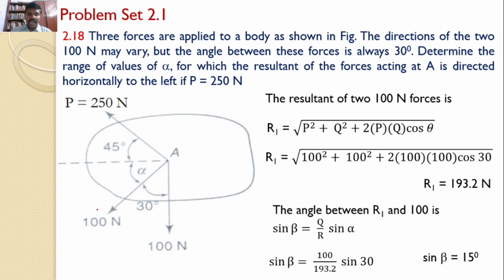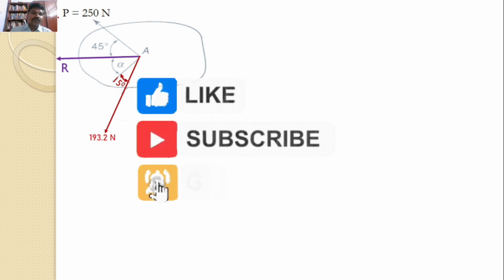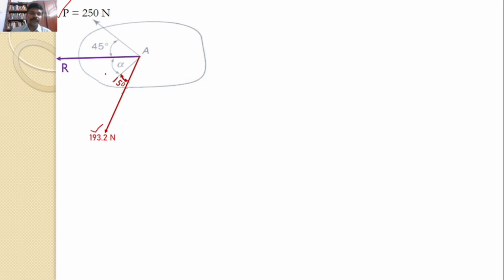That means I can replace these 100 newtons forces with a single force of magnitude R1 equal to 193.2 newtons, making an angle of 15 degrees with this 100 newtons. So this is my new diagram now. There are only two forces. One is 250 newtons, another one is 193.2 newtons.